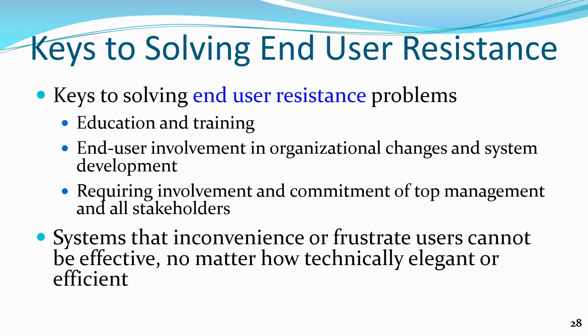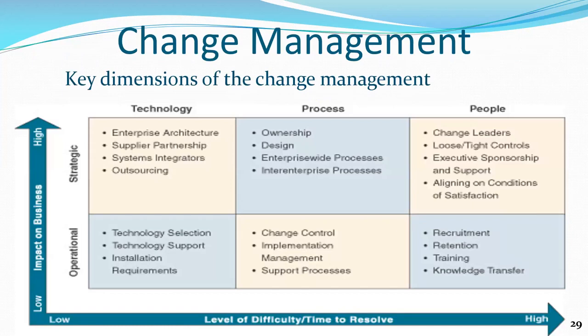And this is a kind of change management, right? Key dimensions of change management. You can see here operational and technology change, and strategic change, where the impact on business is very high. At the strategic level the impact is high, and at the operational level it is somewhat low. And here you can see three things: technology, process, and people, right?